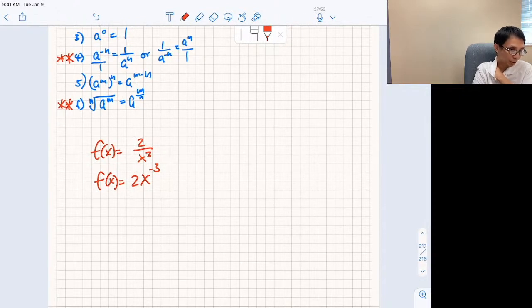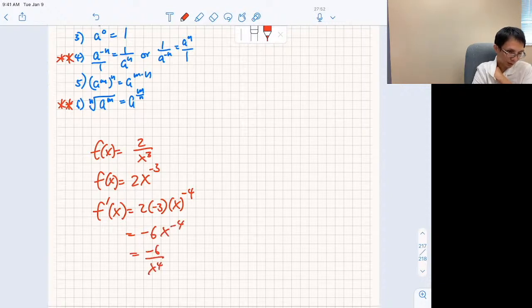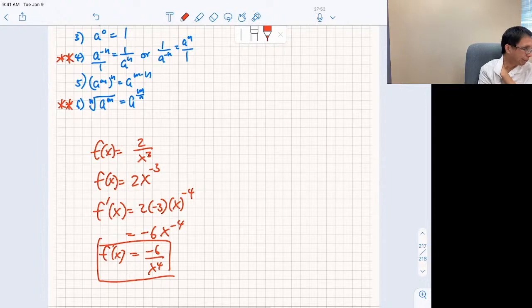We have to make sure it's in the numerator before we take a derivative. Now I'm going to do f prime. That means 2 times negative 3 times x to the negative 4. Does that make sense? That is equal to negative 6 x to the negative 4, so f prime of x is equal to this. Does this make sense?